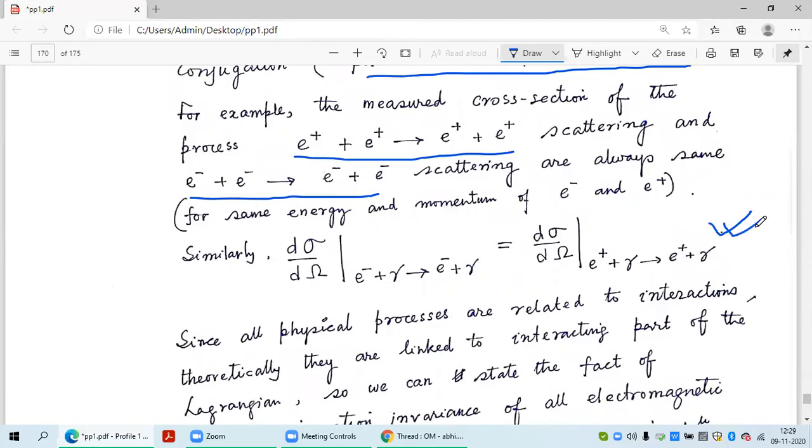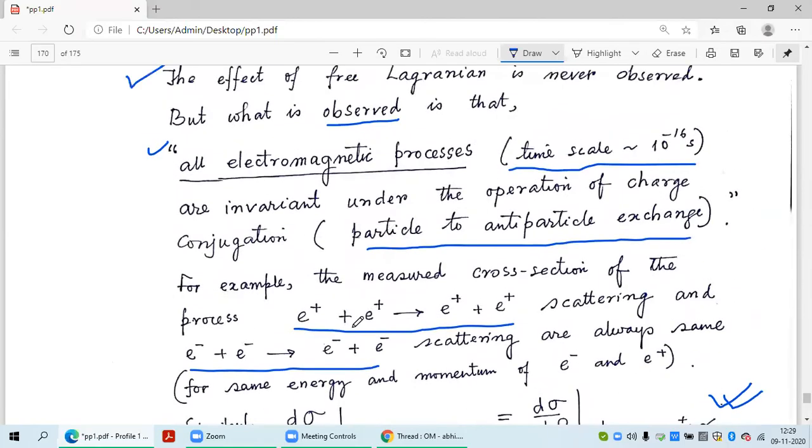Nothing changes, when the energy and momentum of these electrons and positrons are kept intact. So if this has an energy-momentum P1, this also has P1, and this has P2, this also has P2. You only flip the charges without changing anything.